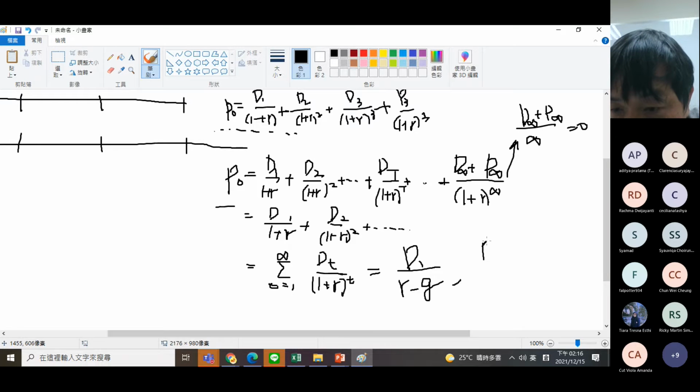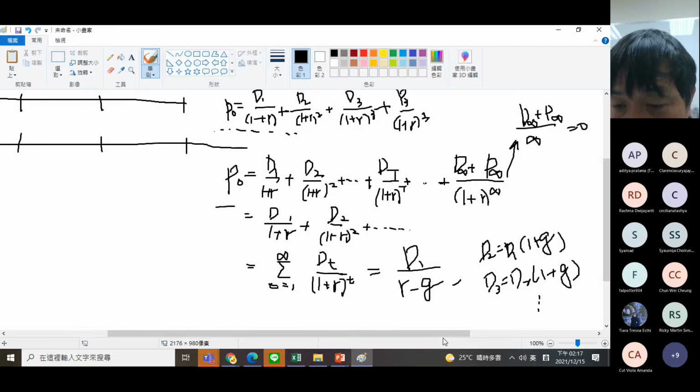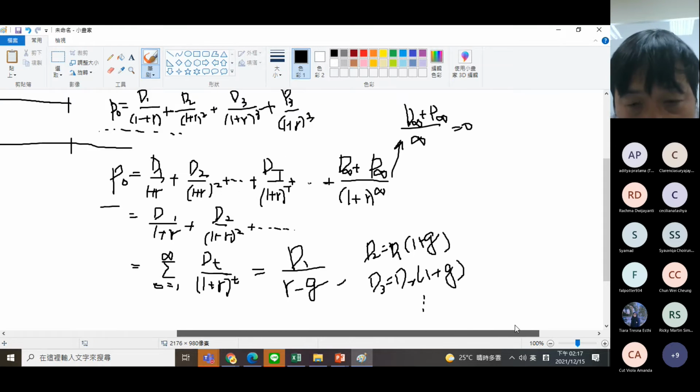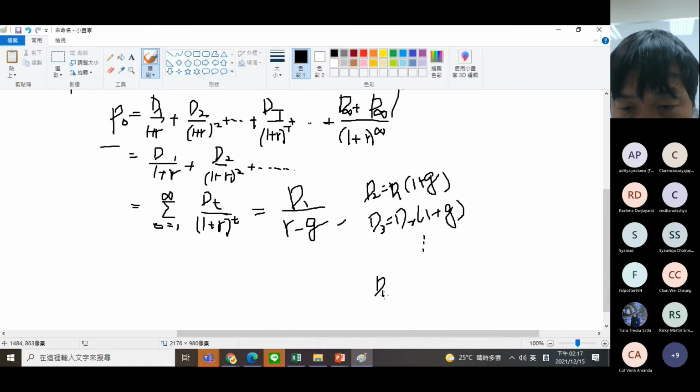The ideal assumption is that D2 equals D1 times 1 plus g, D3 equals D2 times 1 plus g. This is the constant growth rate. So D2, D3, D4, and Dt equals Dt minus 1 times 1 plus g.